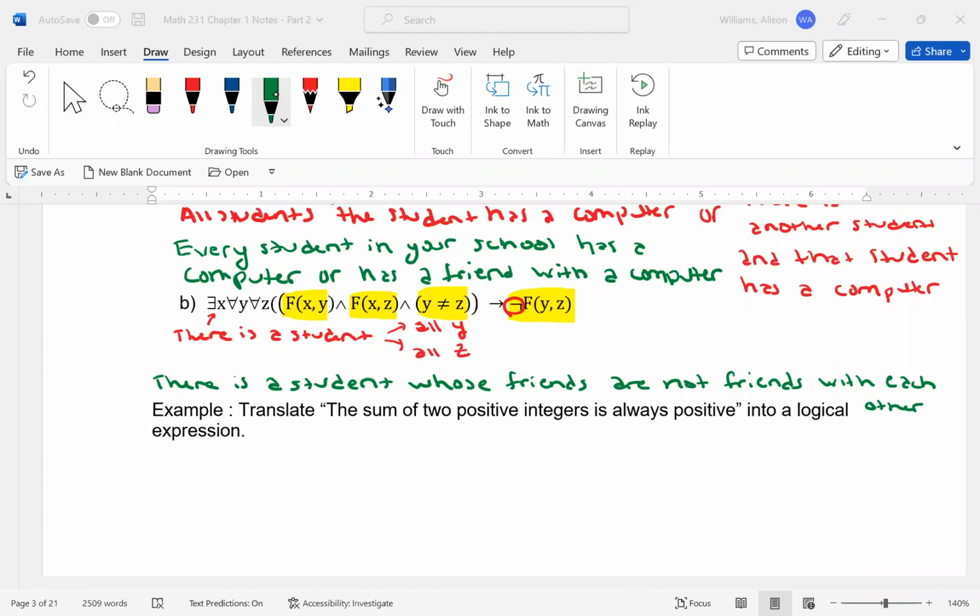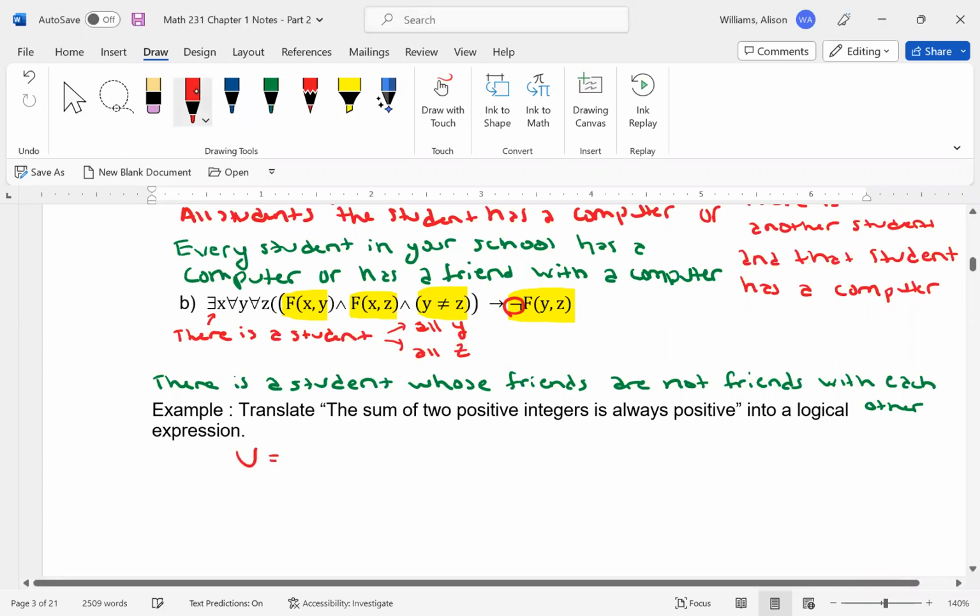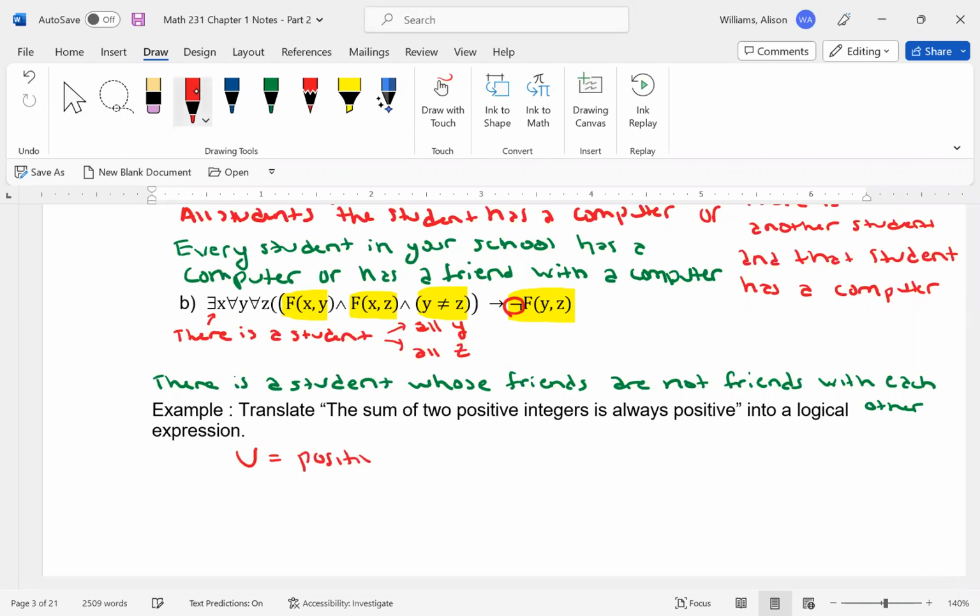So first things first, we actually need to define the domain here. We're working with positive integers. So our domain is positive integers.